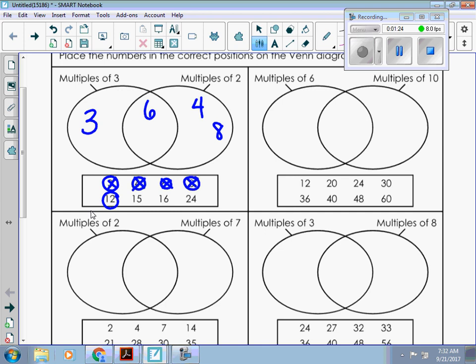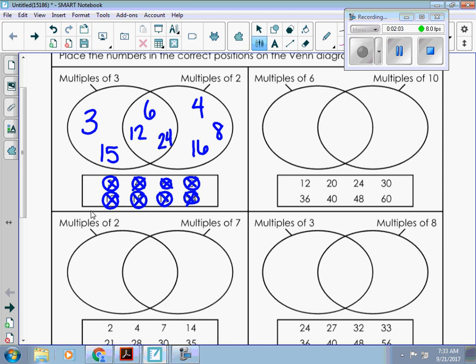For 12, I know 3 times 4 is 12, and 2 times 6 is 12, so 12 is a multiple of both. 15, 3 times 5 is 15, and nothing times 2 is 15, so 15 is a multiple of just 3. Nothing times 3 is 16, but 2 times 8 is 16, so 16 is a multiple of 2. And 24, I can do 3 times 8 or 2 times 12, so 24 is a multiple of both numbers.